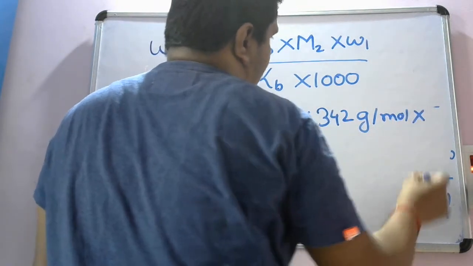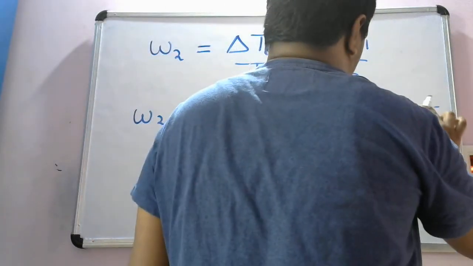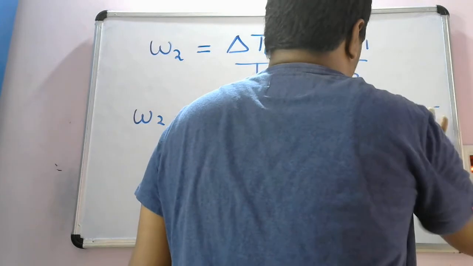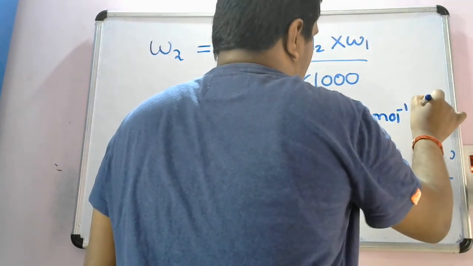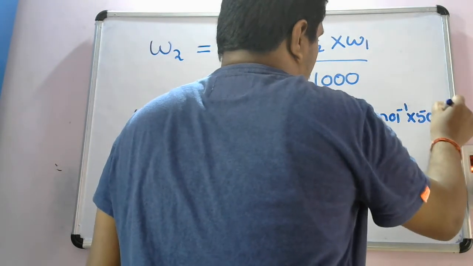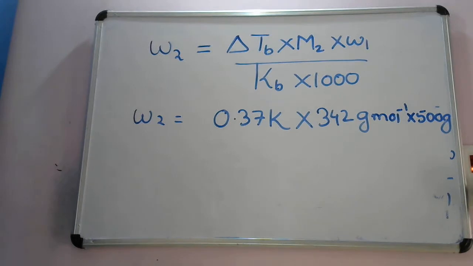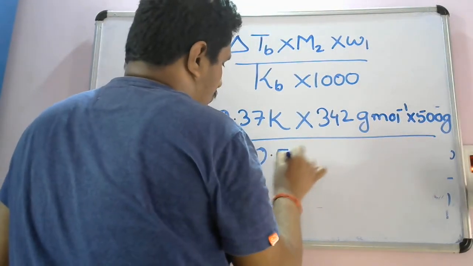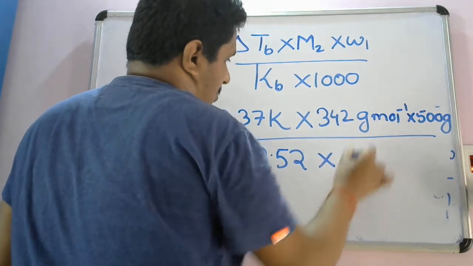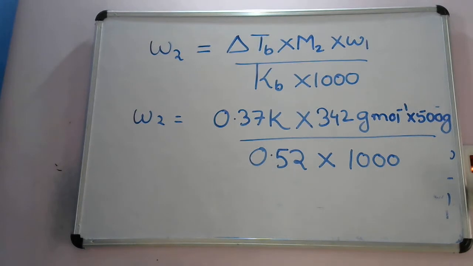And W1 was 500 grams. Next, Kb is 0.52, into 1000. So we substituted all the known values.